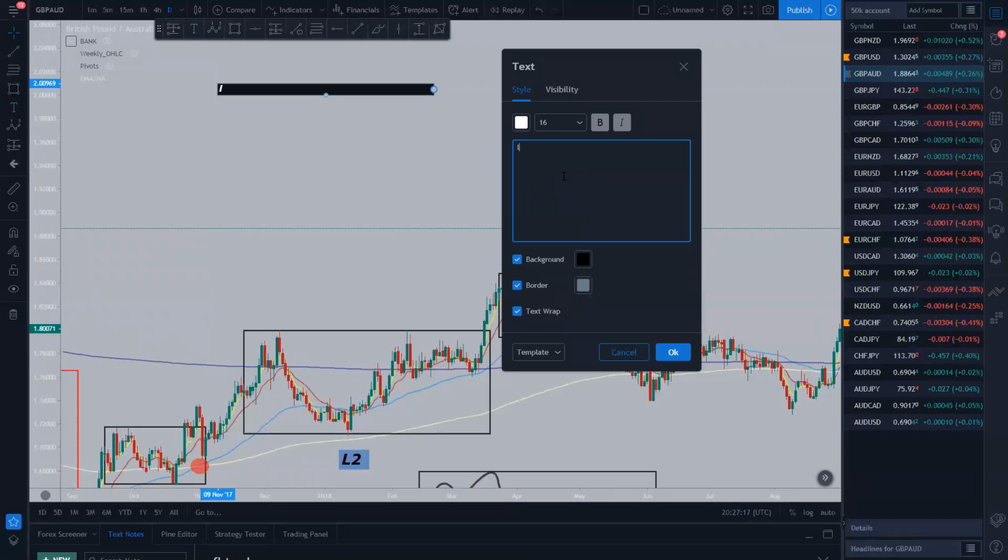For level 1, you're looking for 13 to 50 to cross. Level 2, you're looking at 50 to 200 to cross.